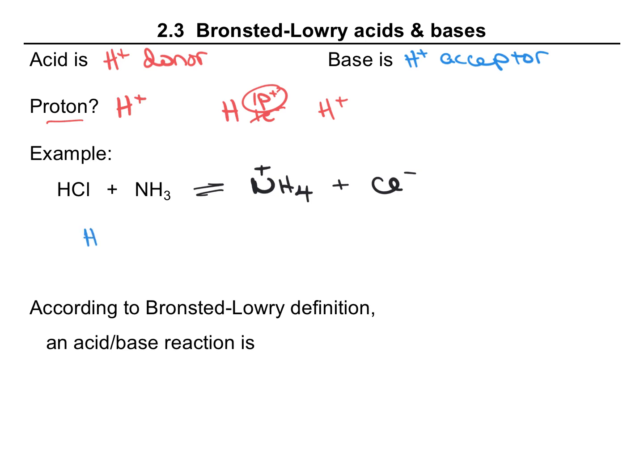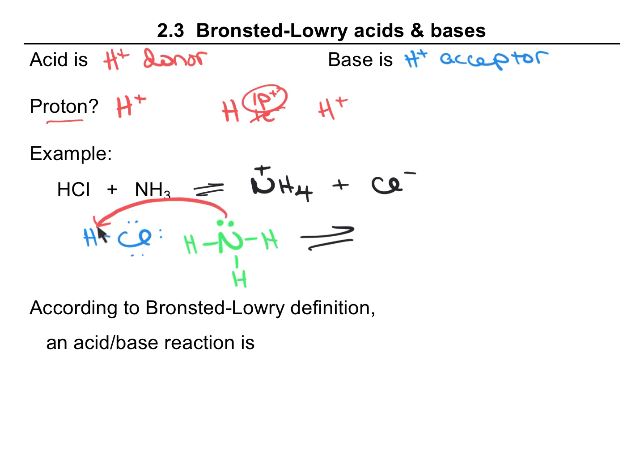So if we have our hydrochloric acid and we have ammonia, so we have 3 hydrogens and a lone pair on the nitrogen. And there is a reaction where the nitrogen can use this pair of electrons to grab the proton.